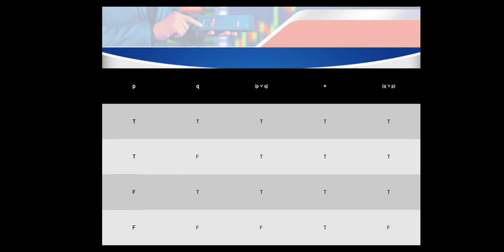And we have here the truth table, with P and Q. We will find the value of P or Q and Q or P.